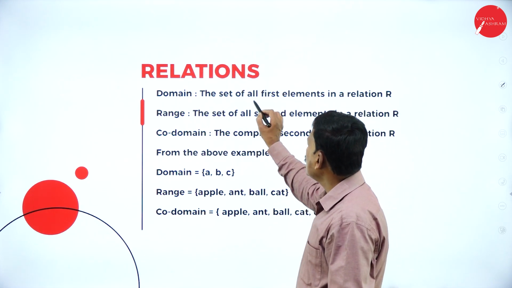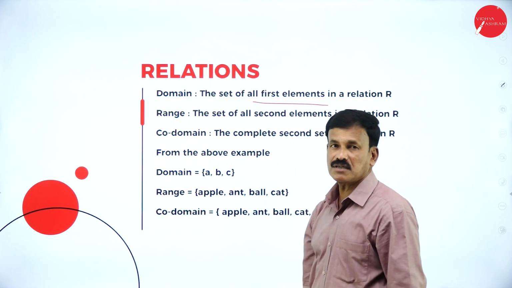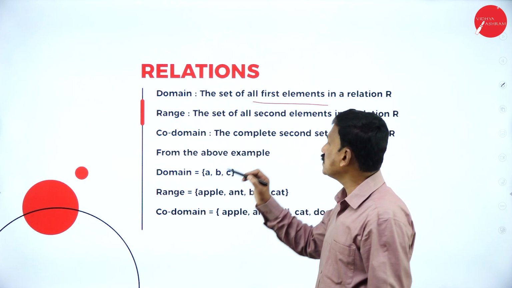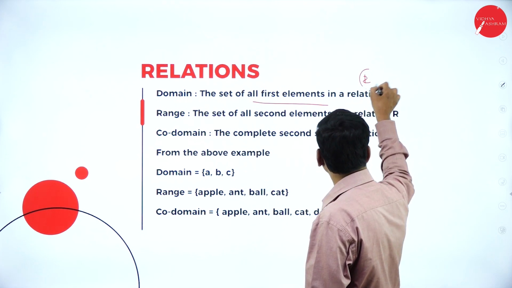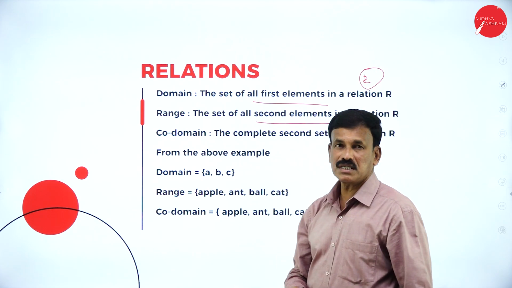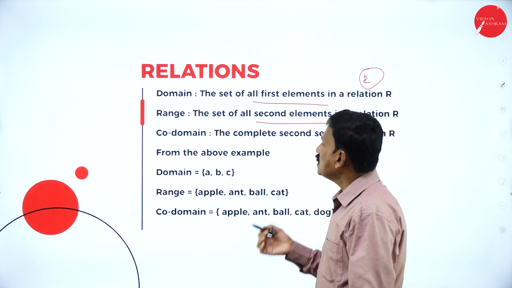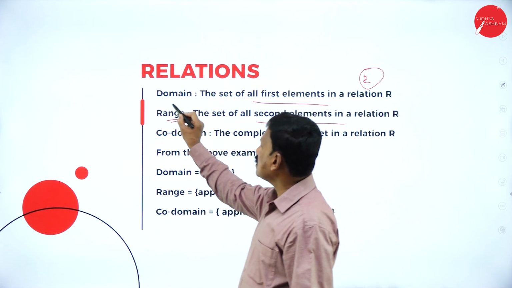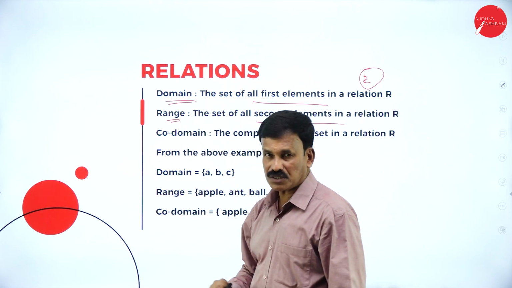What is a domain? The set of all first elements of the relation is called the domain of R. The set of all second elements of the relation is called the range. Range is nothing but the set of second elements.